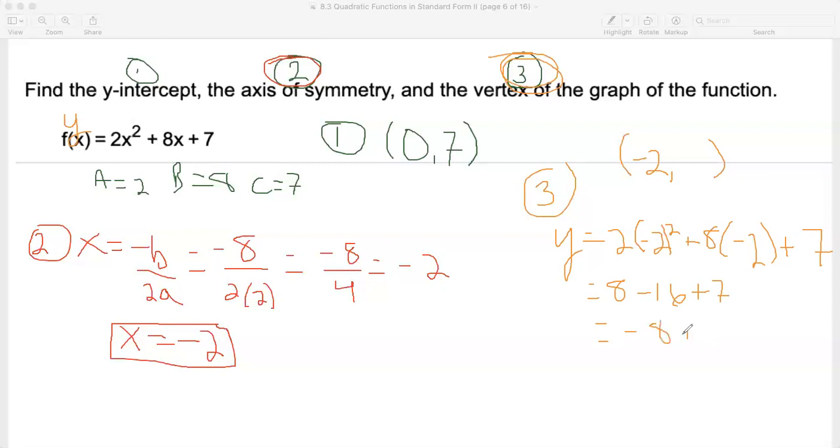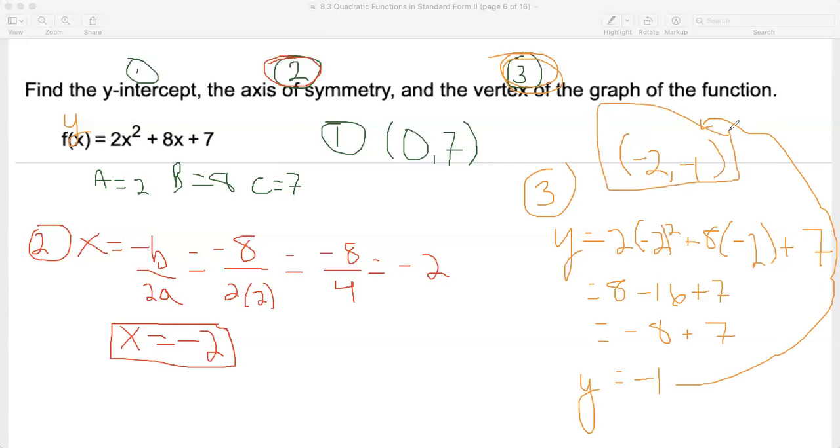And then plus a 7. So that leaves me with -1. So this -1 is your y value, which goes all the way back up into your vertex as the y value. So -2, -1. This is also all going to be really nice information to help us graph.